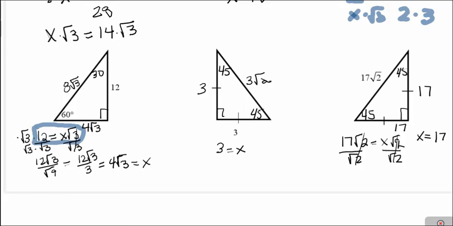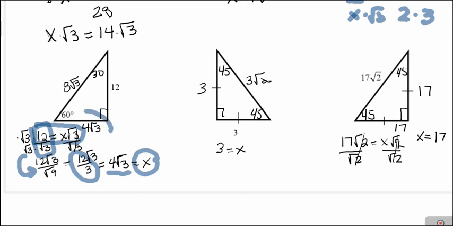Then when I go ahead and solve that for x, I'm going to divide both sides by the square root of 3, and I can't leave my answer like this, so I have to multiply the top and the bottom by the square root of 3, and so I get this down here, 12 square root 3 over the square root of 9, which reduces to 12 square root 3 over 3, and then I can divide 12 and 3 to get 4 square root 3 for x.